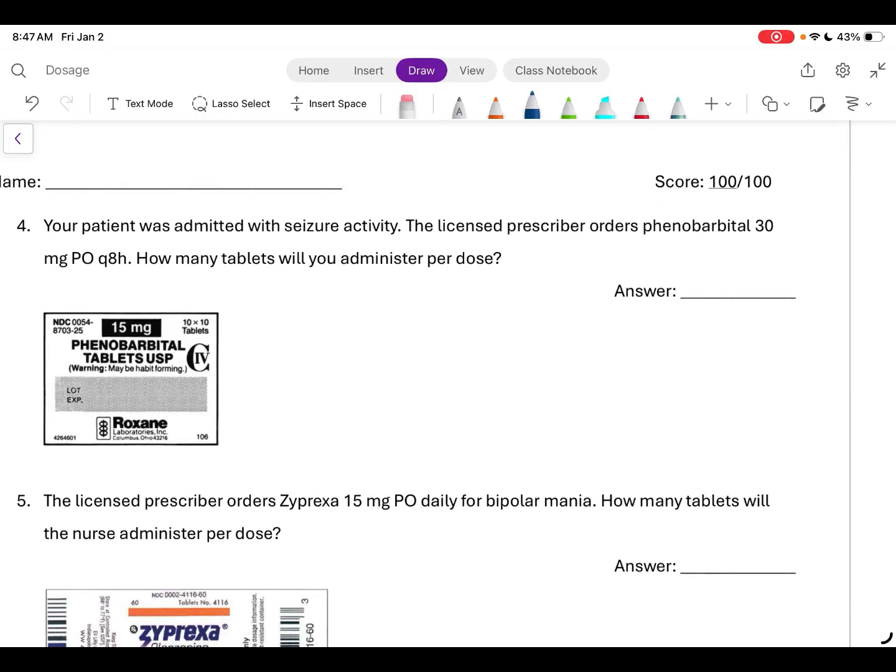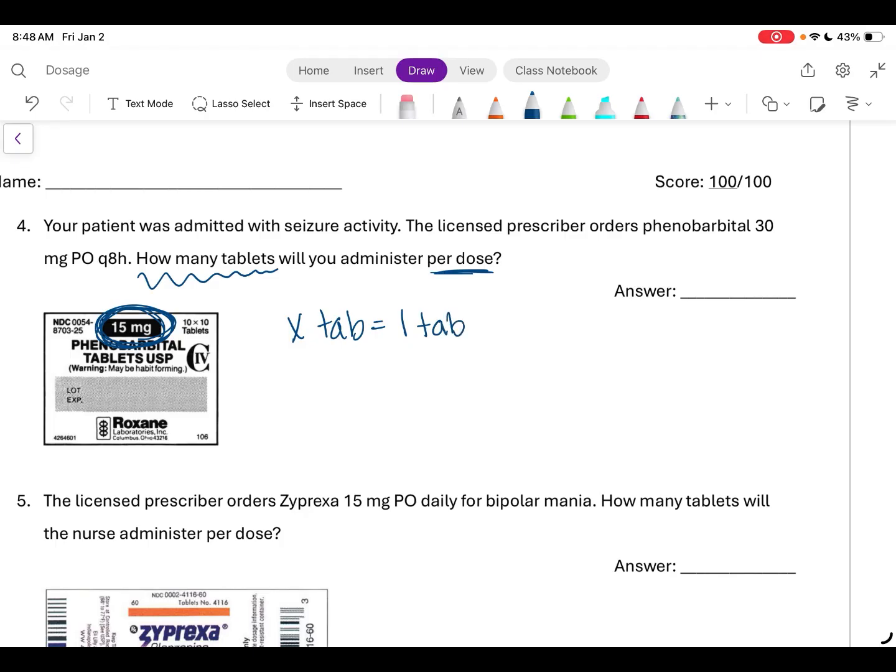Your patient was admitted with seizure activity. Licensed prescriber orders phenobarbital 30 milligrams PO every 8 hours. How many tablets will you administer per dose? Again, there's that per dose right there. So how many tablets is our question? So X tab. Our label is telling us how much one tablet is, which is 15.